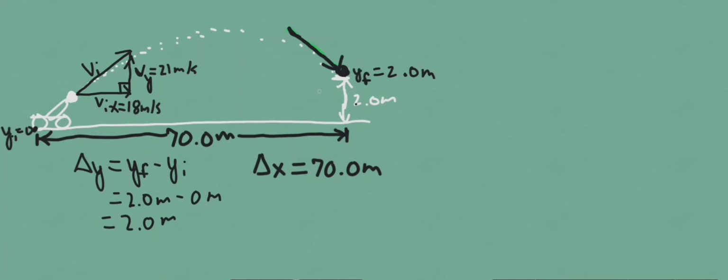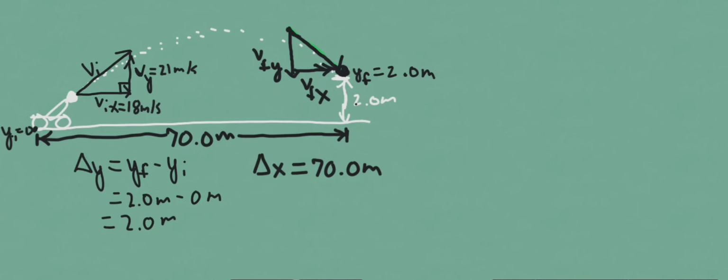It will be this way. To get to that final velocity vector, the y component of that vector will be downward, and the horizontal component will be to the right. Make sense?